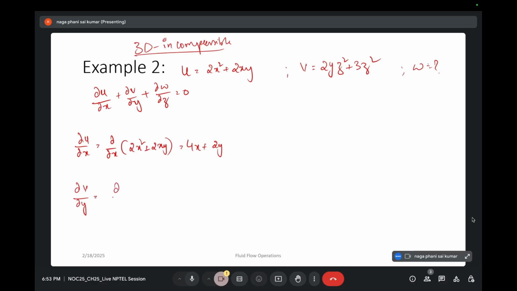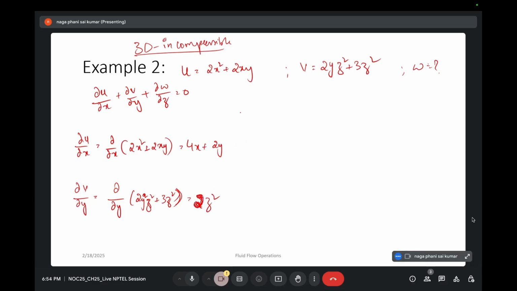This is going to be ∂/∂y of 2y² into 2y z² plus 3z². Sorry, this is going to give us 2z².